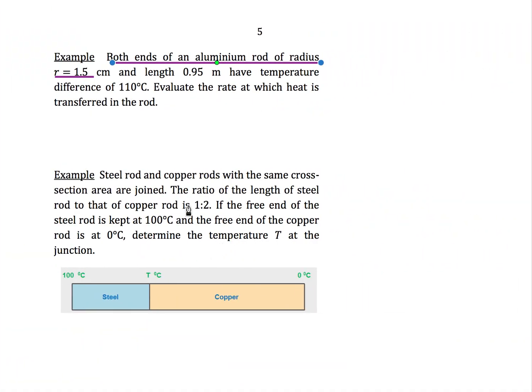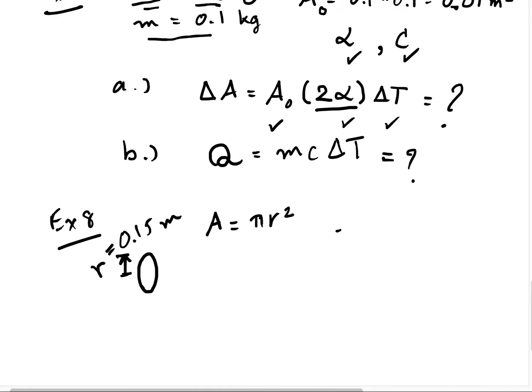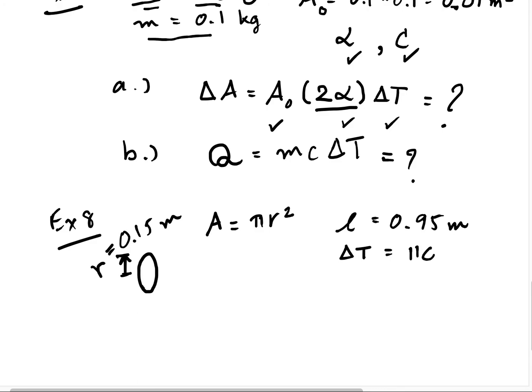And then you are given the length of this, and the temperature difference, the delta T. So you have the L of 0.95 meter, and you have the delta T of 110 Celsius.